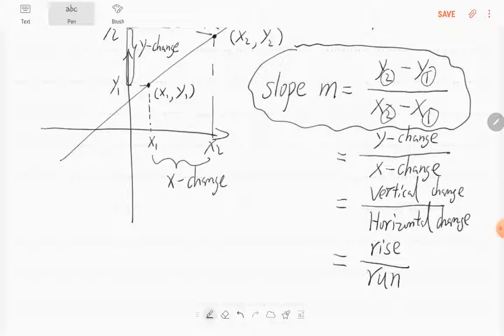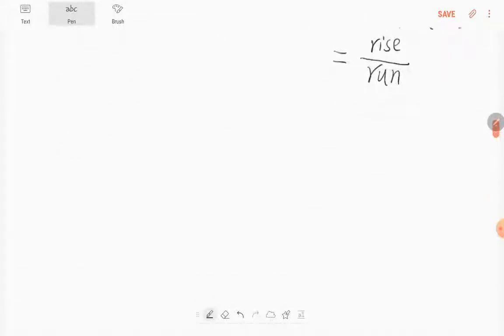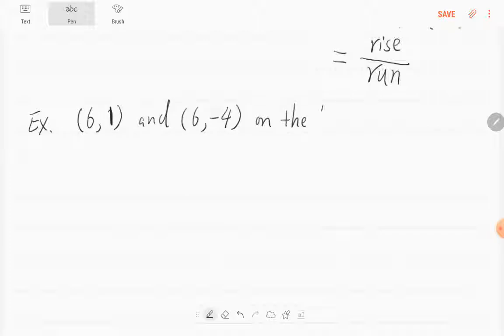Now let's look at some examples to see how to calculate the slope. So this is one example. If you have 2 points, (6, 1) and (6, -4). So these are 2 points on the line. What is the slope?